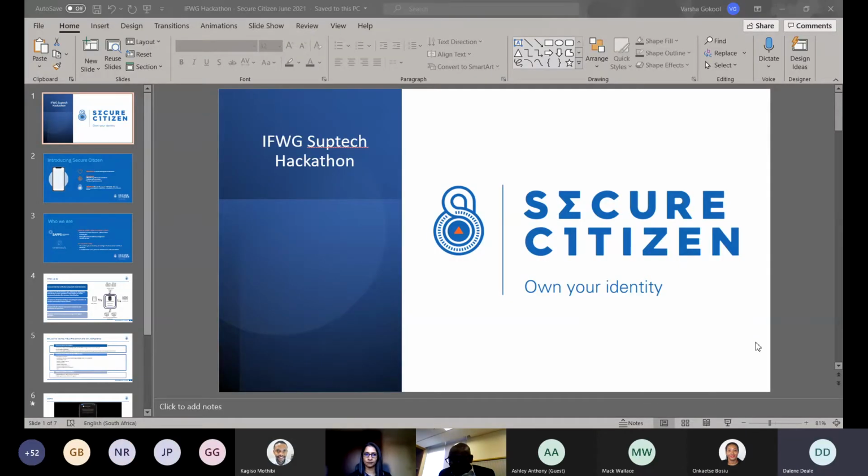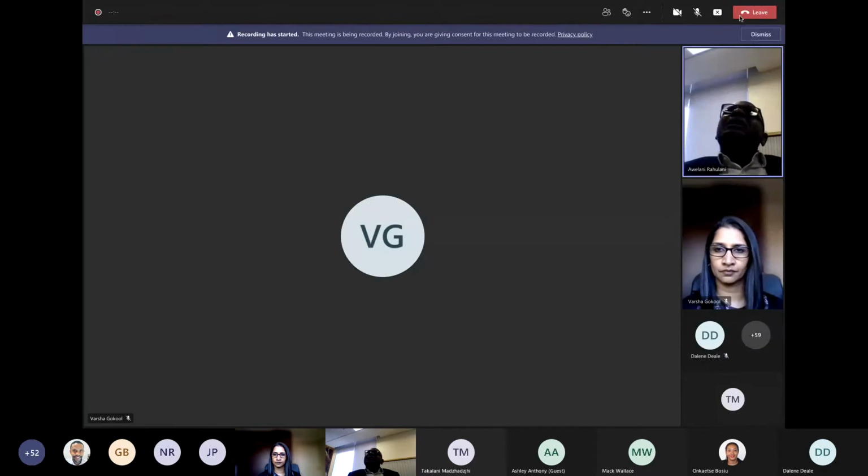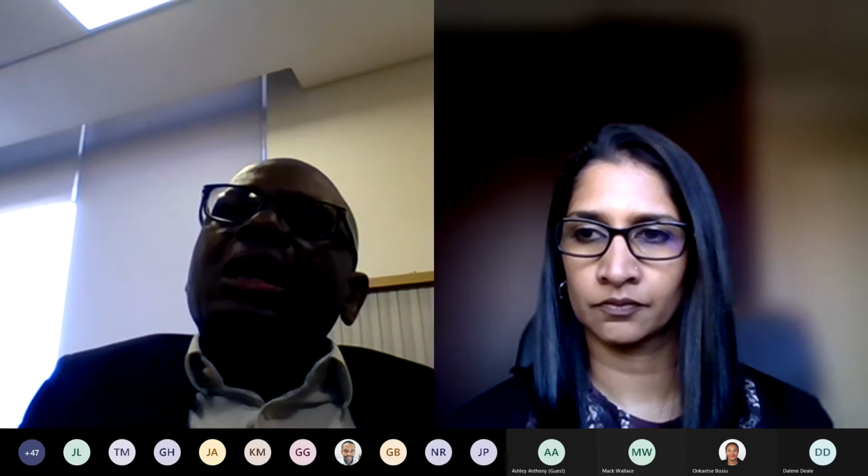Varsha is going to present it for us. Secure Citizen is an onboarding platform that helps both financial regulators and companies. So their solution is mostly around fraud detection, issues regarding KYC and all of that. Over to you, Secure Citizen.